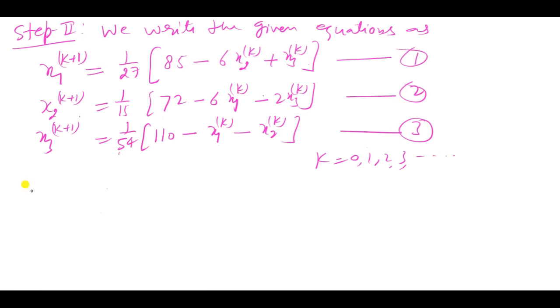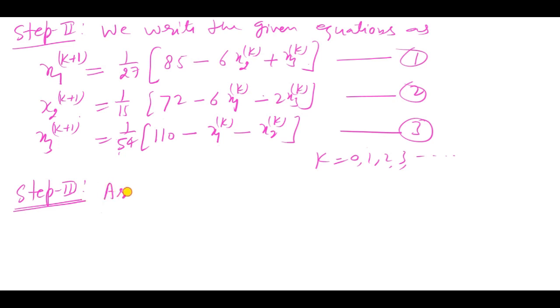So in step 3, assume the initial approximation. If the initial approximation is given, then use that given initial approximation, and if the initial approximation is not given, in that case we assume the initial approximation 0.